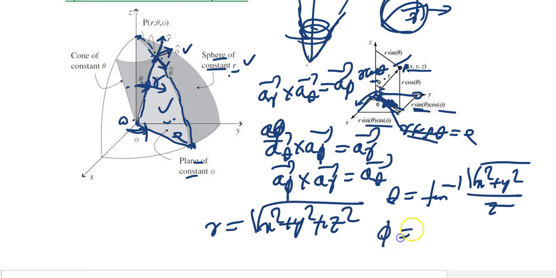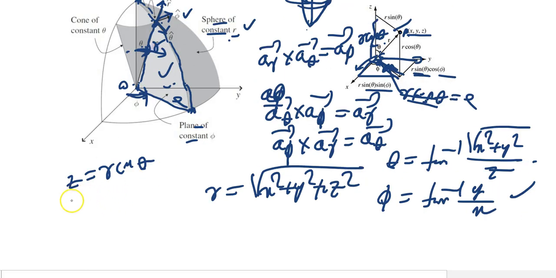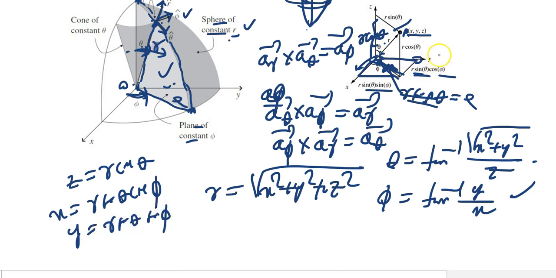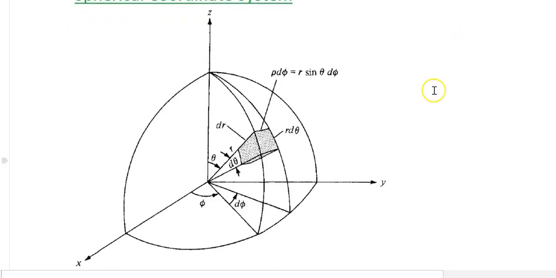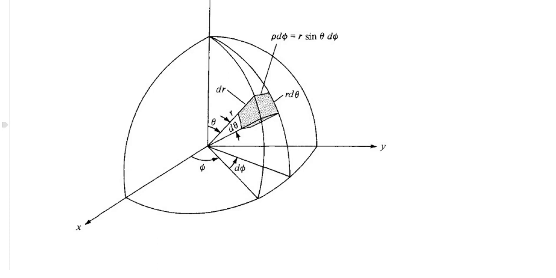Then phi, as usual, is tan inverse y upon x, z equals r cos theta. Then x equals r sin theta cos phi and y equals r sin theta sin phi. Here clearly everything is depicted.